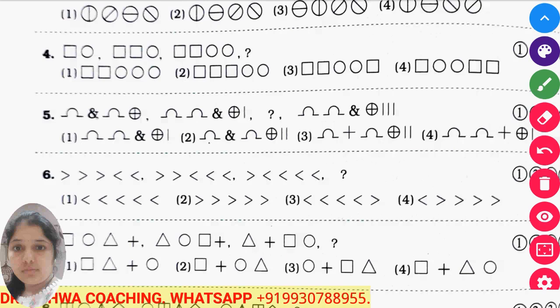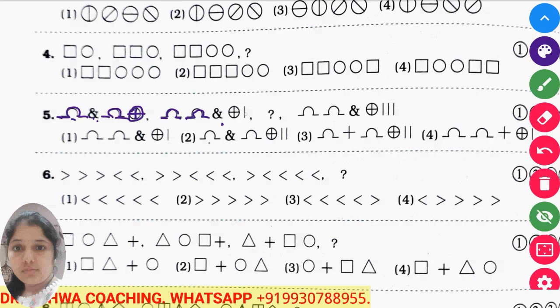Now again you look carefully, you can get the idea about the pattern. Now this sign is there, then the at-the-rate sign, then again the sign, and then this theta kind of sign is there. So this and the at-the-rate sign goes to the third position, and these two remain as they are.